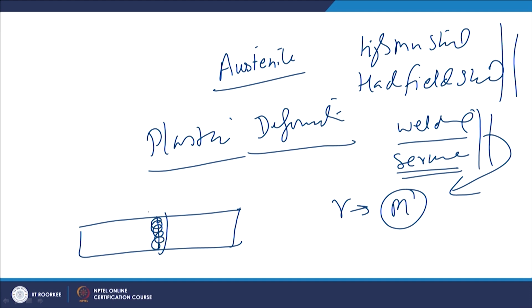The controlled plastic deformation of the faying surfaces will lead to the transformation of austenite into martensite, and again we will get a similar trend of variation in hardness.